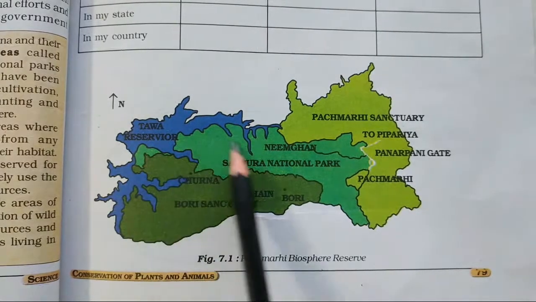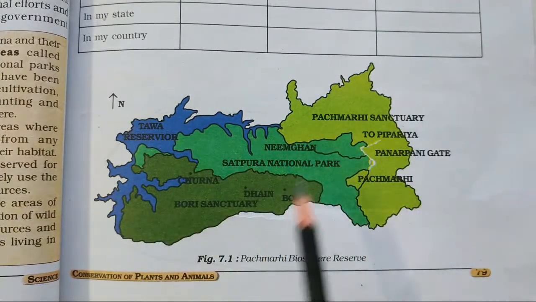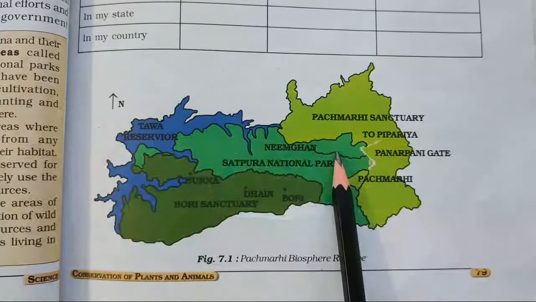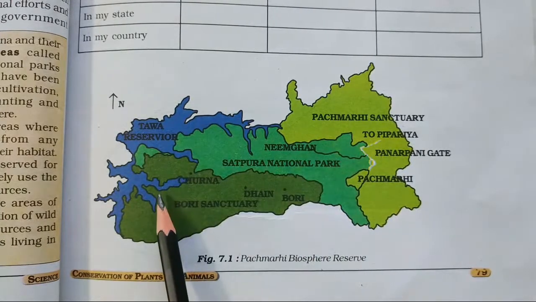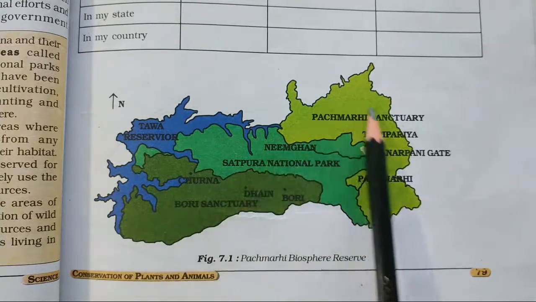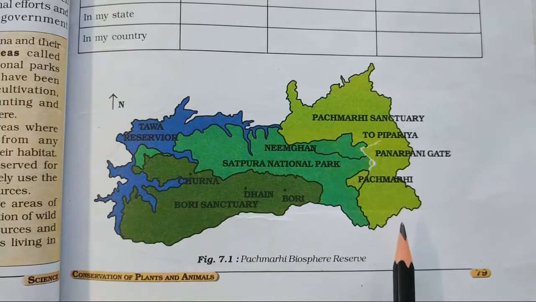This area will not have only trees and animals. There is a gate. You are seeing from the map, it is clear that there is a reservoir, there is a sanctuary. Now this is an area where there will be more trees, and since the animals are protected, if you compare this to your land, the area or city where you are living, there may be different components of the city.